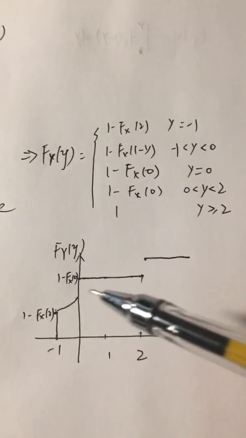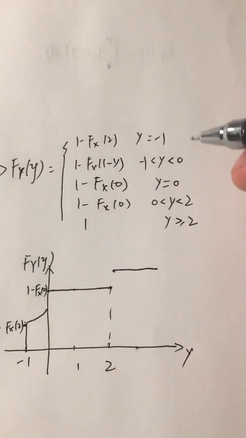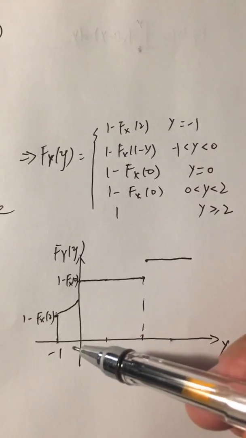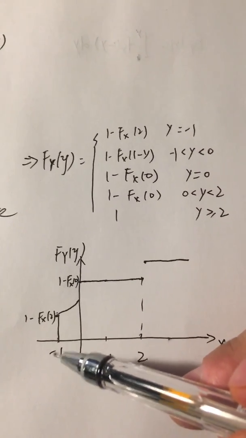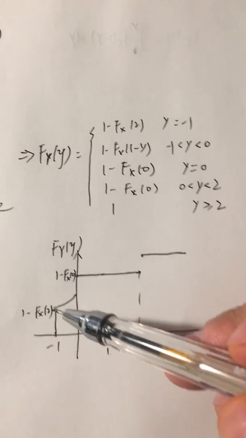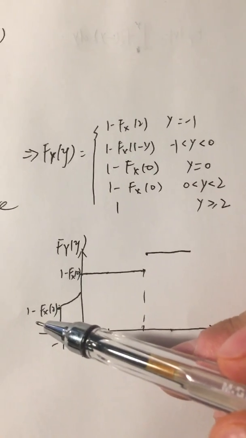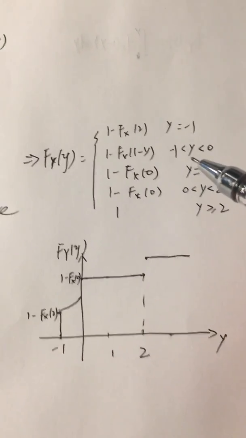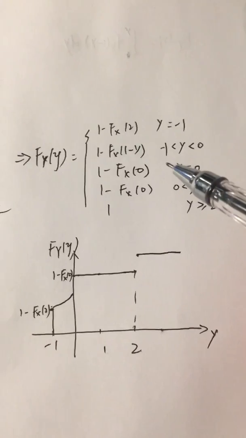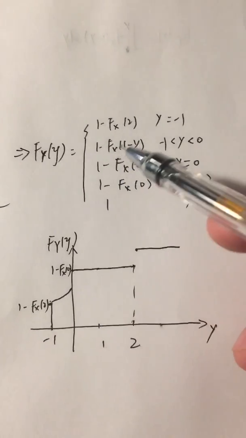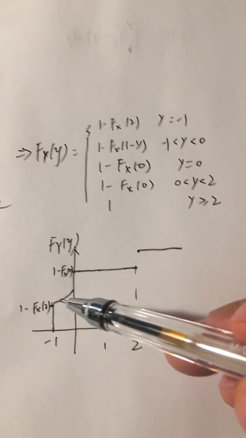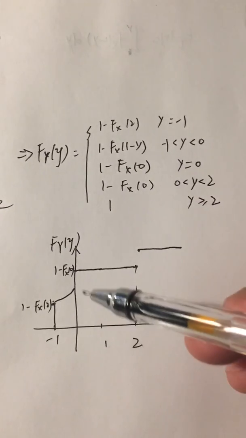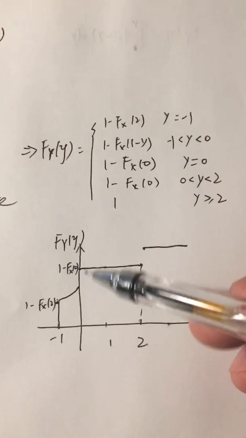So let's draw the diagram of the capital FY. When y is -1, we get the value of 1 minus capital Fx(2), and when y is between -1 and 0, we get this curve, and when y is 0, we have a jump here.